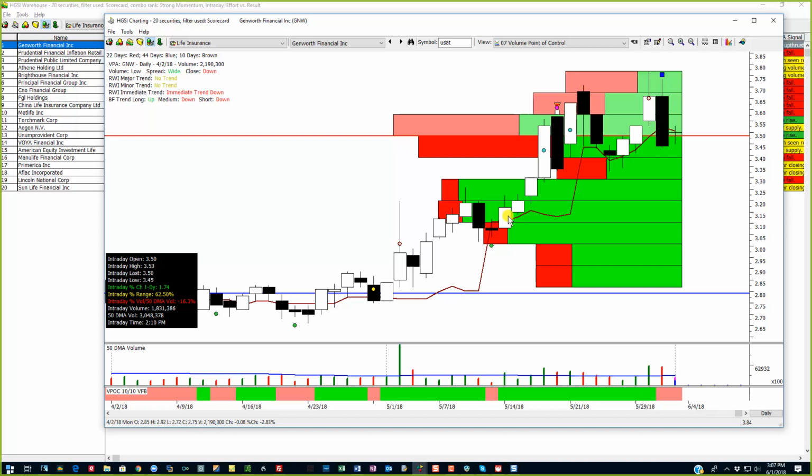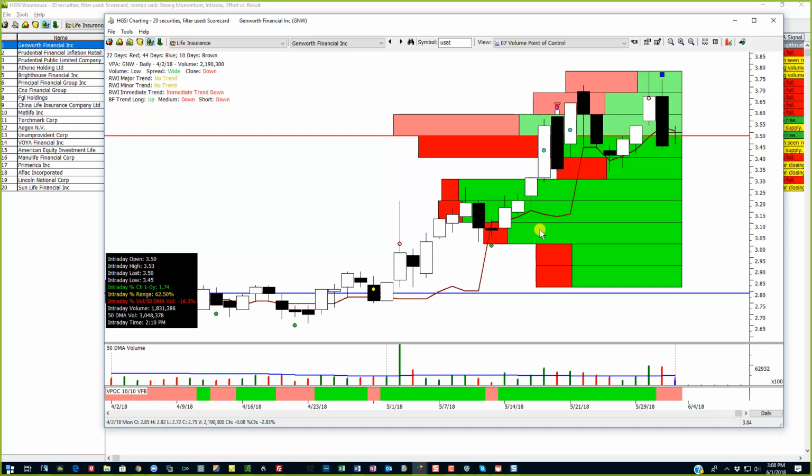So on this day, because this was the close on the prior day, all of the volume went to the positive side. Now, why is this red down here? Because on this day, this particular close was less than the prior day, so this area is red. But notice there is an overlap here where this candle is white.